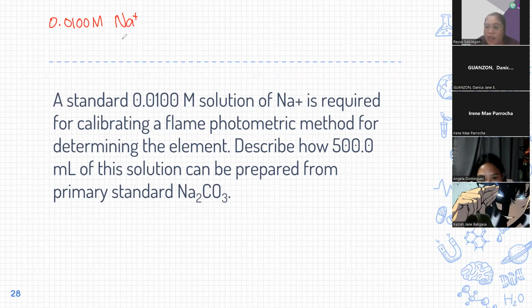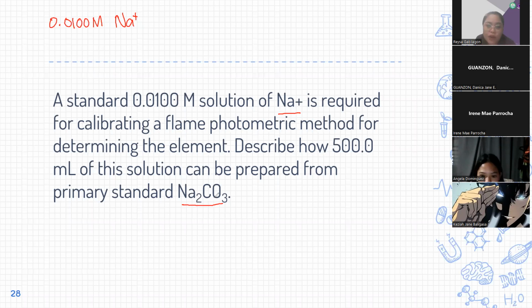However, class, please take note, in the laboratory, we have no chemical substance that exists as purely sodium ion. So in this case, what we have in the laboratory is sodium carbonate. So we still have sodium here, but it is in a compound form, and that is sodium carbonate.